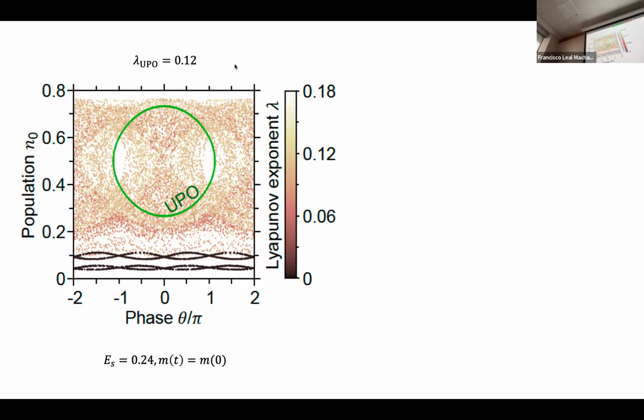But this means that when we specify 3 variables with the energy constraint, the 4th variable is already determined. So we first found this chaotic phase space, and then an unstable periodic orbit embedded in it. We know that this is an unstable periodic orbit because its Lyapunov exponent is positive.